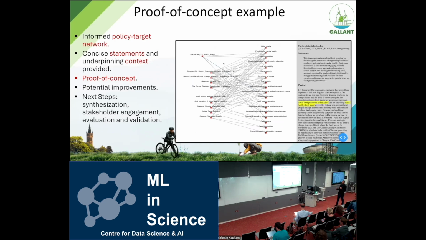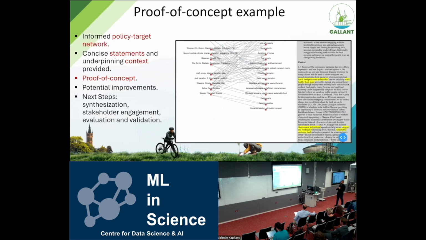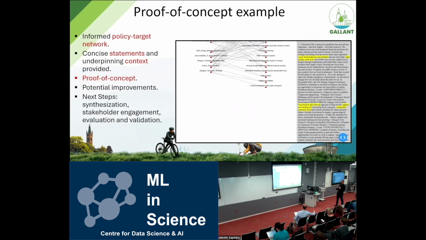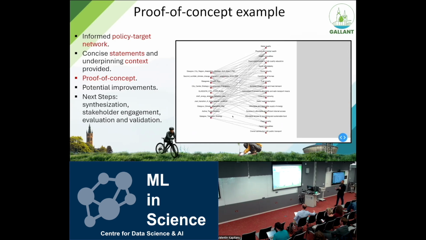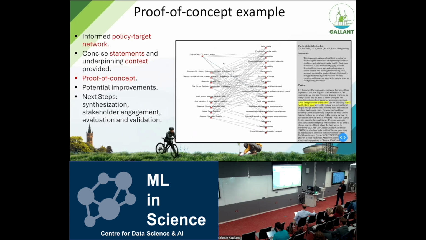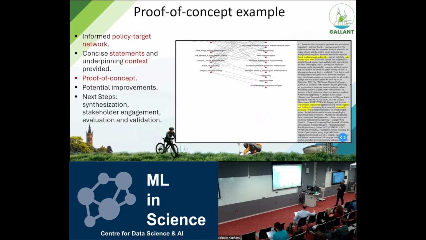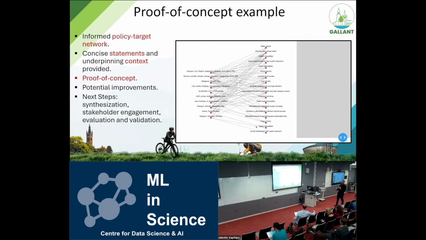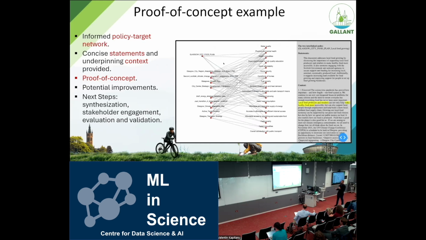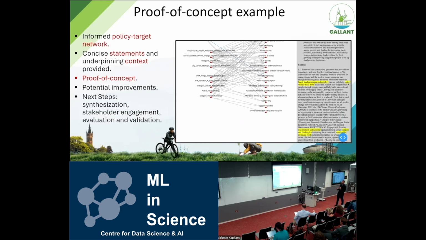In this prototype, when the user clicks on one of the connections, it triggers the system to provide a concise statement linking the policy actions to the underlying targets. And the context on which these statements are grounded is also highlighted. But I have to emphasize that this is still a proof of concept and still needs to be further developed.